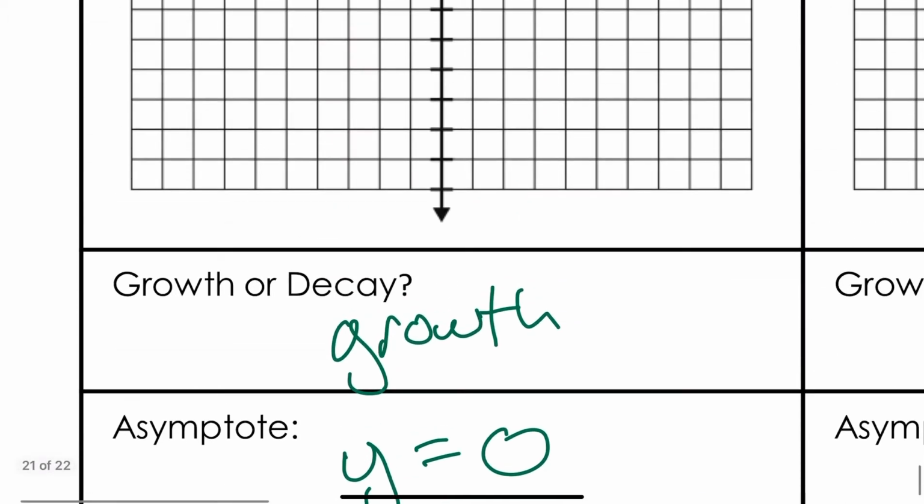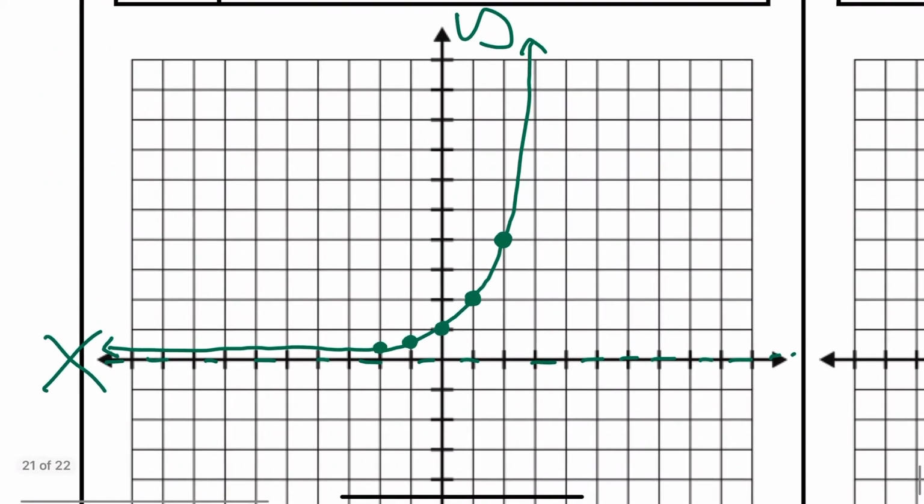Domain. Domain we talked about a while ago when we were first starting our functions. The domain is going to ask us how wide our function can get. So looking in this direction, we're just going to keep going because it's got that little arrow. It's just going to go on and on forever. In this direction, we're still going to get wider and wider as it gets bigger.